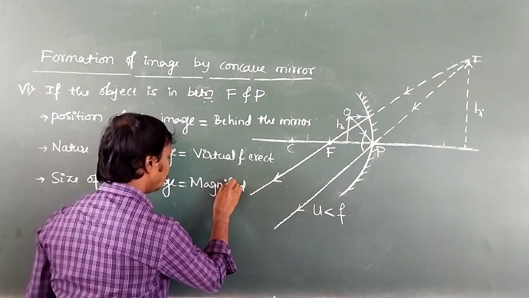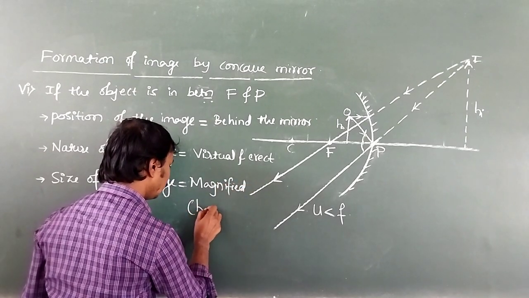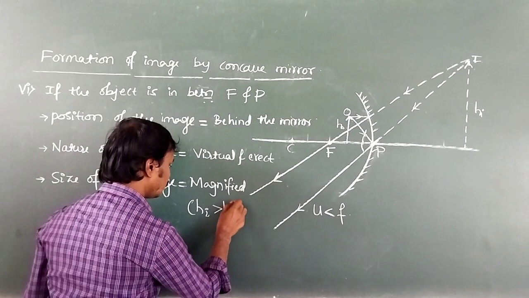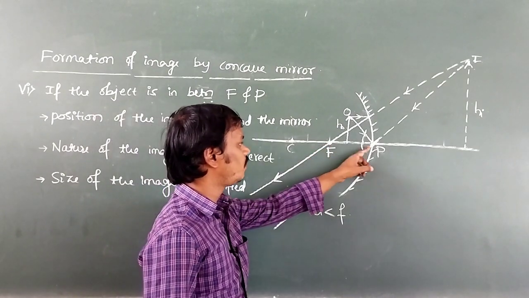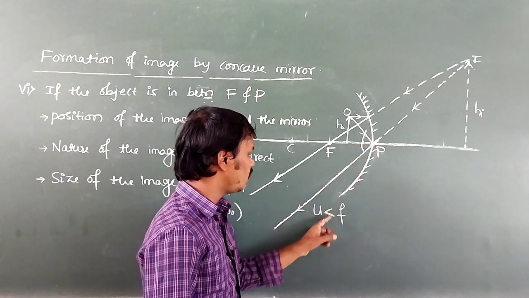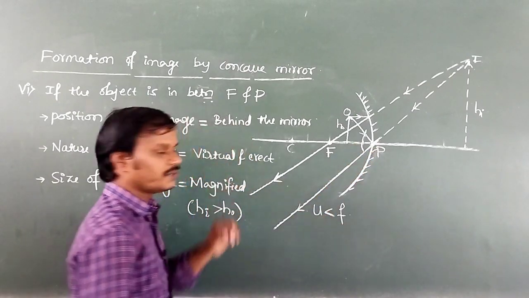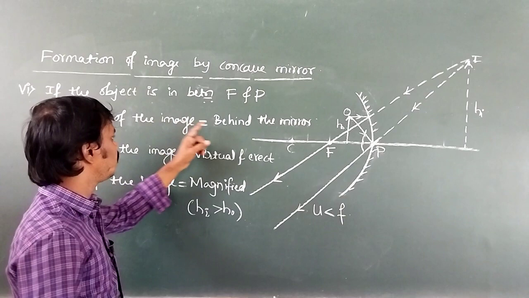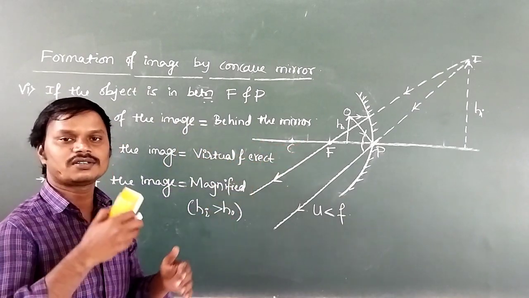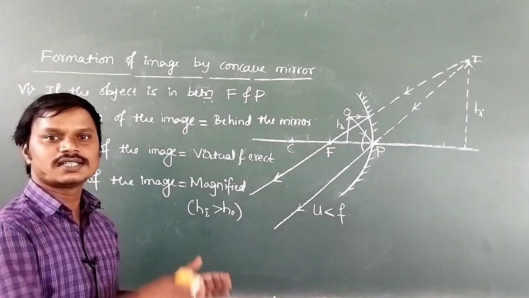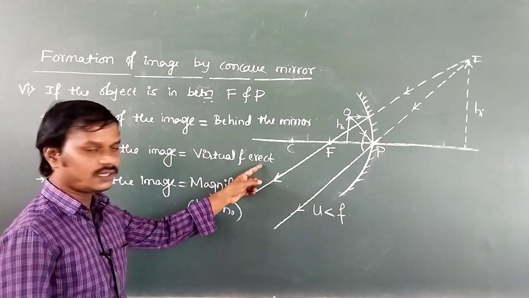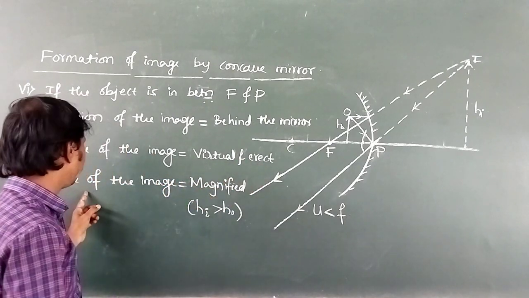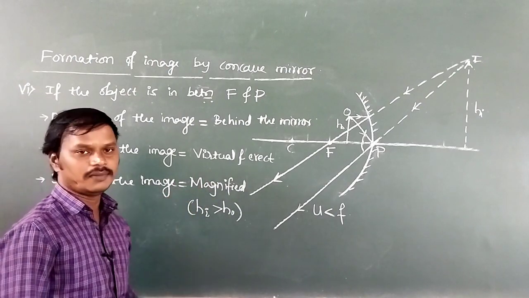So once again listen here, if the object lies in between f and p, which means the object distance is less than the focal length, where will its image be formed? Its image will be formed behind the mirror, which means we cannot obtain this image on the screen. Okay, and what is the nature of the image? Virtual and erect. And last one, the size of the image is magnified.